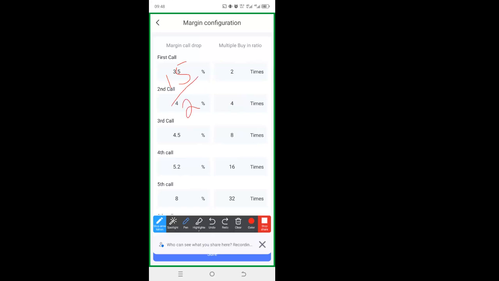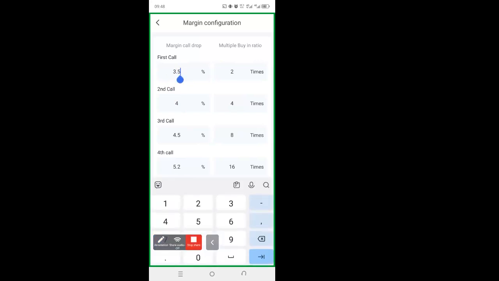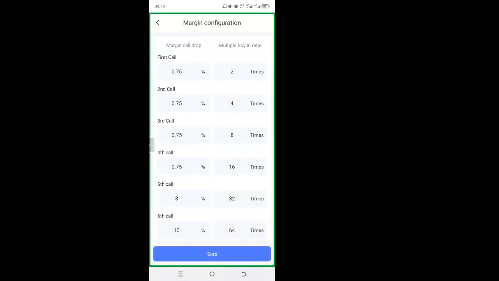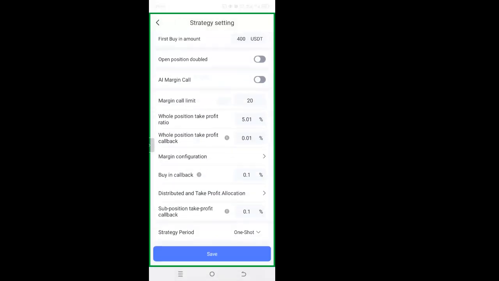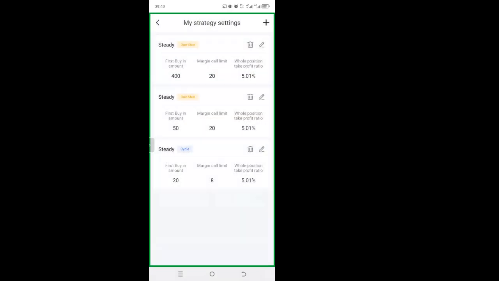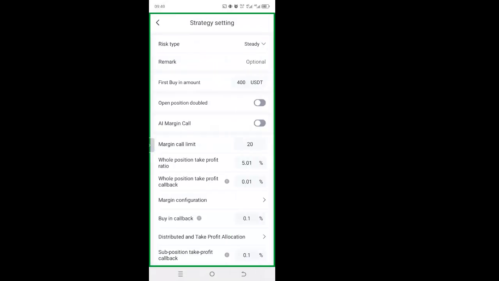That means here is still going to be 0.75, 0.75 throughout, because of time now. You save here. Now we are still editing here, right?